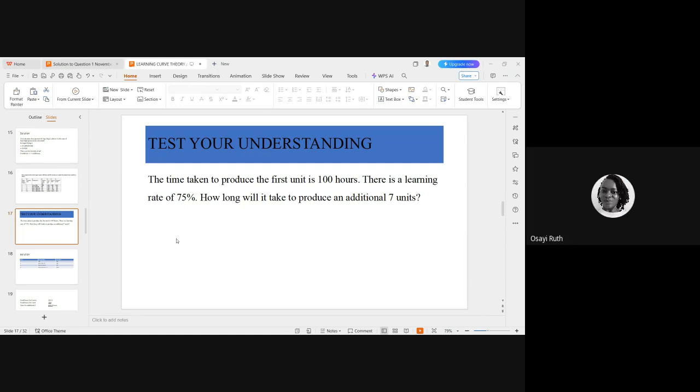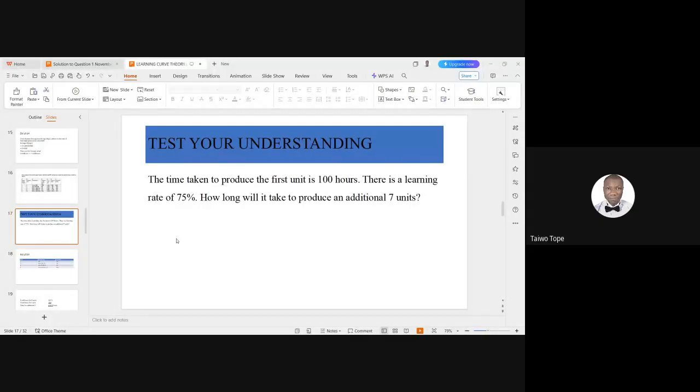I used the formula method. The time taken to produce the first unit is 100 hours. There is a learning rate of 75%. How long will it take to produce an additional 7 units? You know, I mentioned something the other time. This 7 units is not a doubling unit, isn't it? It's not 8.